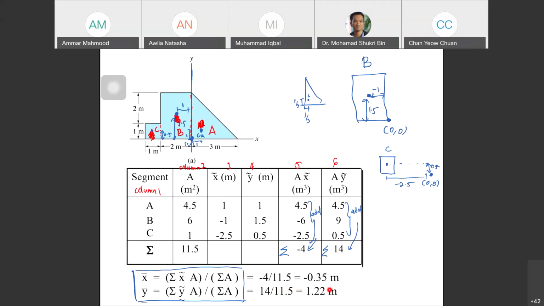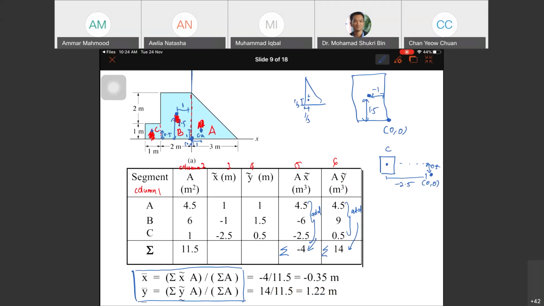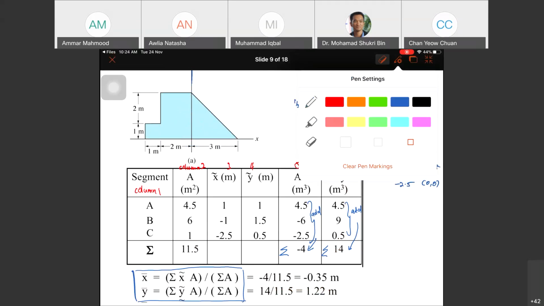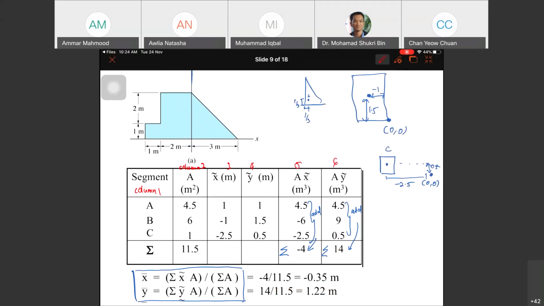So what is the meaning of this? The location of the centroid is basically minus 0.35 from the origin. So here is your origin. So minus 0.35 is somewhere, let's say here.